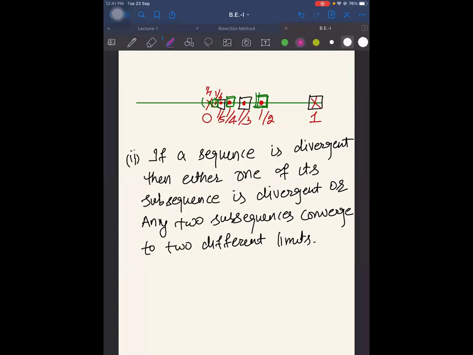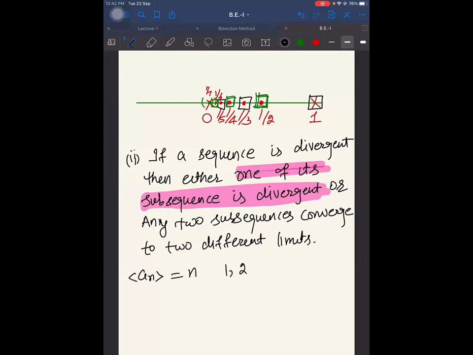I'll take the first case first. I'll show that if a sequence is divergent, then one of its subsequences has to be divergent. Let's do an example. We have an to be n. If you take 1, 2, 3, 4, 5, 6, and so on, you know that an goes to infinity as n tends to infinity.